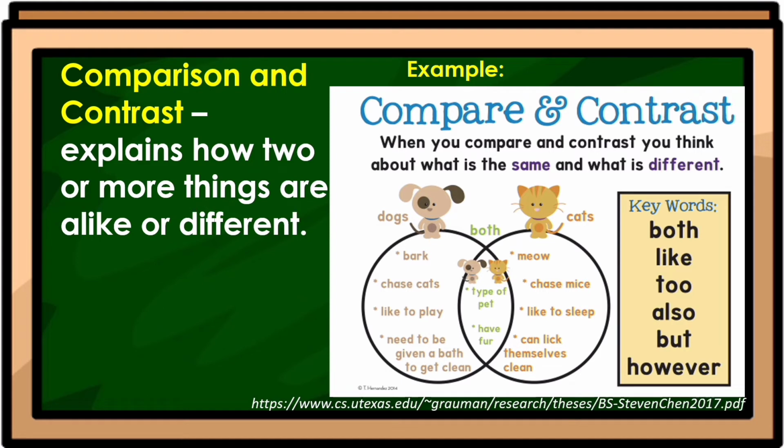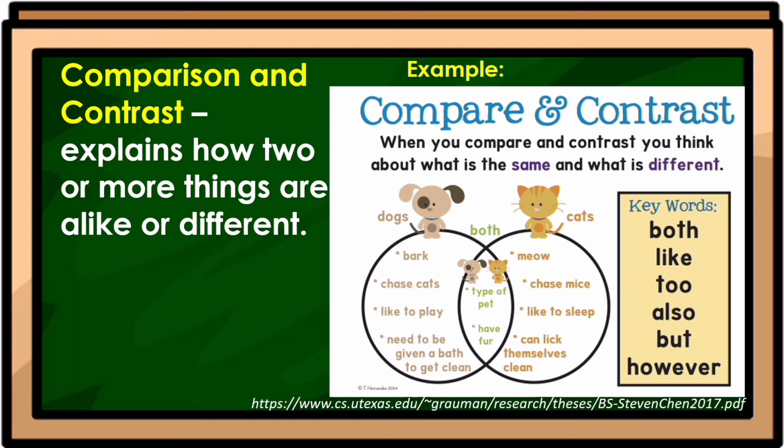On the right circle, which is the characteristics of the cats, okay, the cats can meow, they chase mice, they like to sleep, they can lick themselves to clean. Alright, those are the differences of a dog and a cat.